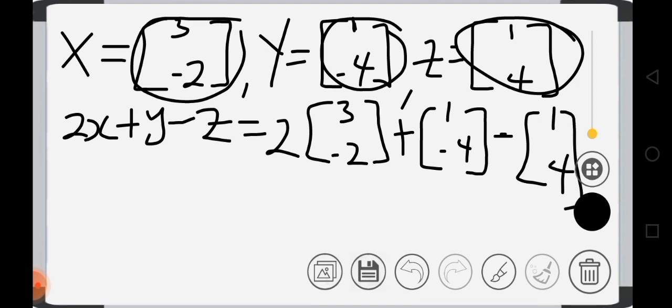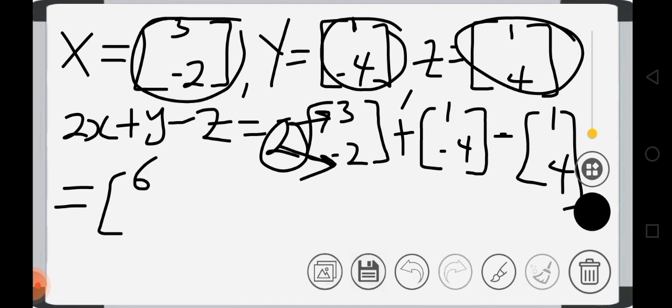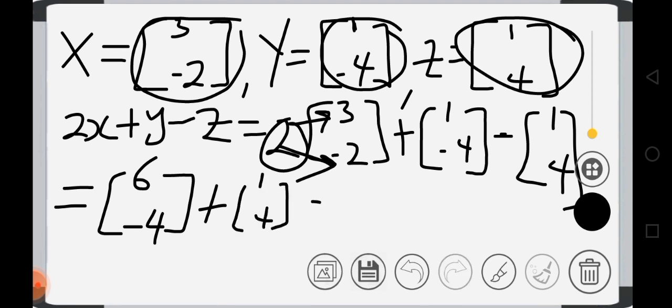That is z. So this will give us 2 times 3, that is 6. 2 times minus 2, that is minus 4. Plus 1 comma minus 4. This other one is minus 1 comma minus 4.